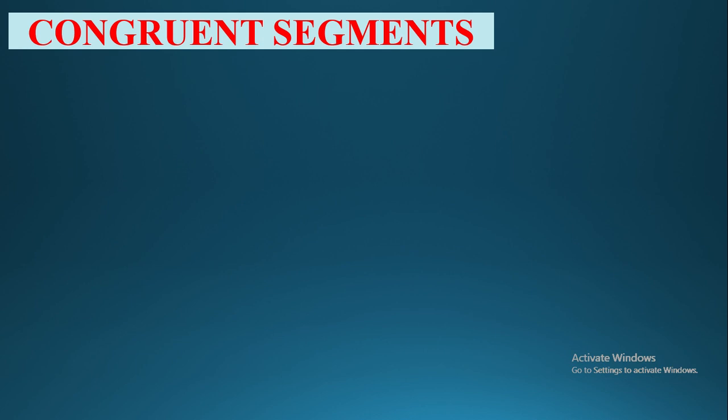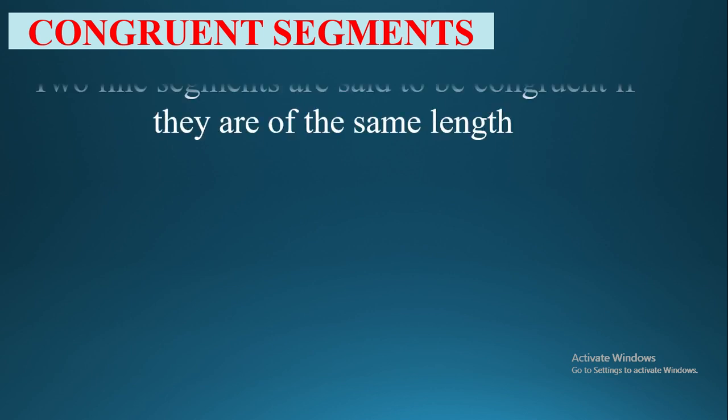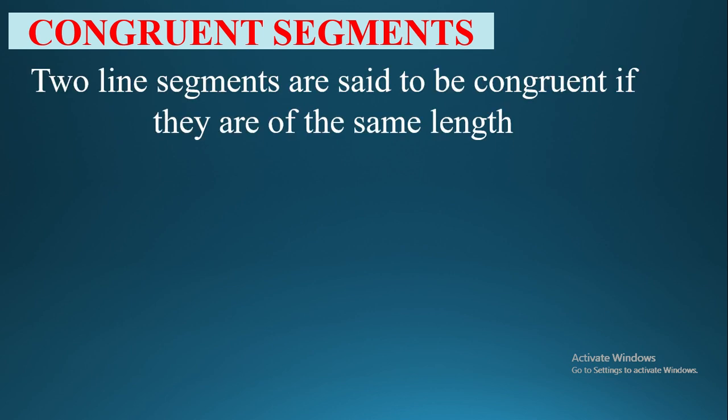Now let's see some of the figures which are congruent, and the first one we will see: when can we say that two line segments are congruent? Two line segments are said to be congruent if they are of the same length. We know that line segments have a fixed length.